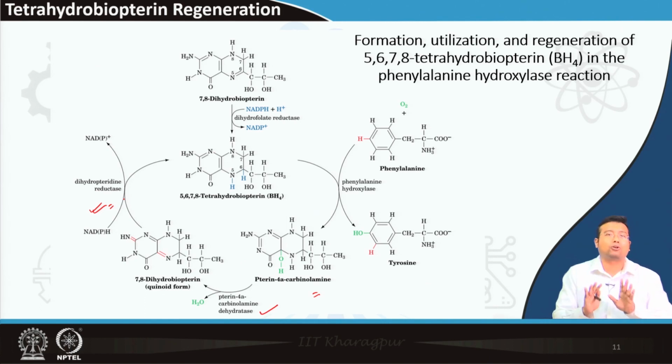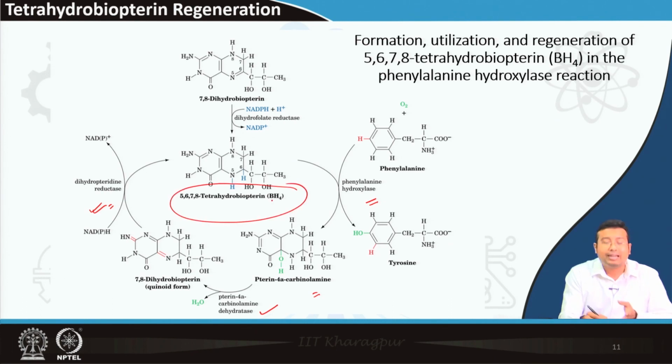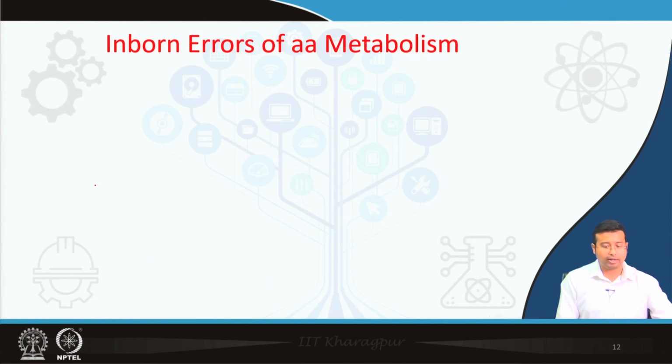It goes hand in hand, more or less the same thing, right. So phenylalanine hydroxylase is the enzyme, tetrahydrobiopterin is the coenzyme, this is the active form, it gets oxidized and ultimately it again gets regenerated, and these intermediary enzymes are all acting together to catalyze this one single step of conversion of phenylalanine to tyrosine, all right.